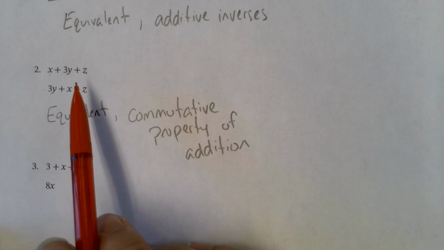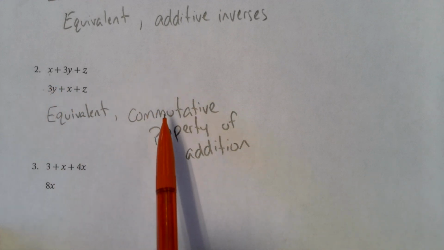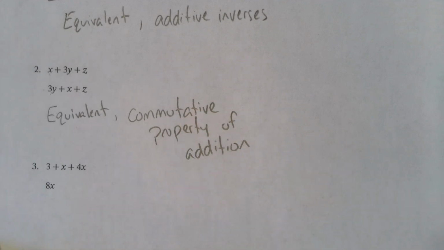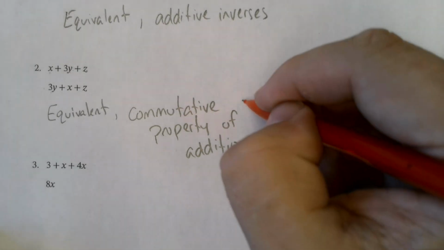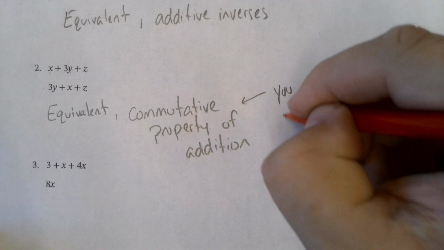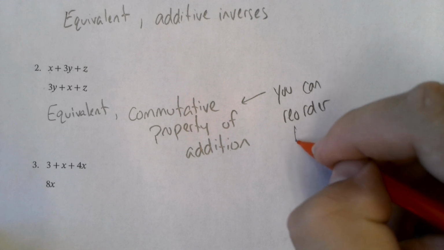And we know they're equivalent because we did a reorder of the terms, which is able to be done based on the commutative property of addition. The commutative property says you can reorder the expression.